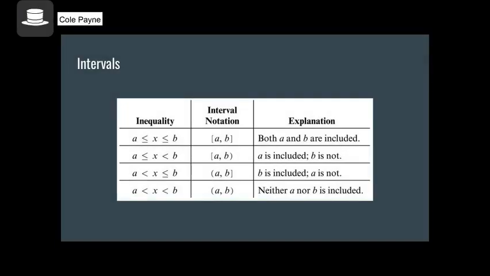Okay, so parentheses and brackets are used in interval notation alongside less than, greater than, less than or equal to, greater than or equal to. So if I had an inequality like this one here on the top row that said, okay, I have a that is less than or equal to x that is less than or equal to b, what I am saying is that x could be equal to a, it could be equal to b, or it could be anything in between.